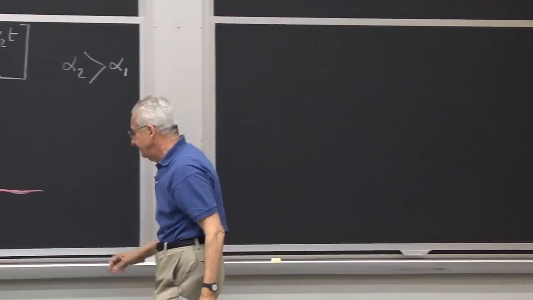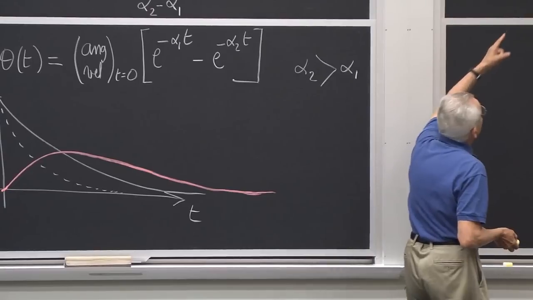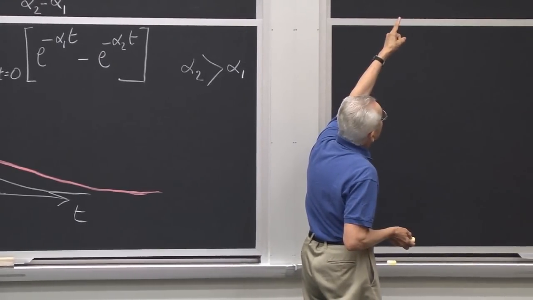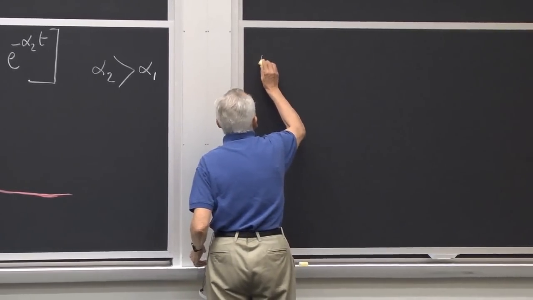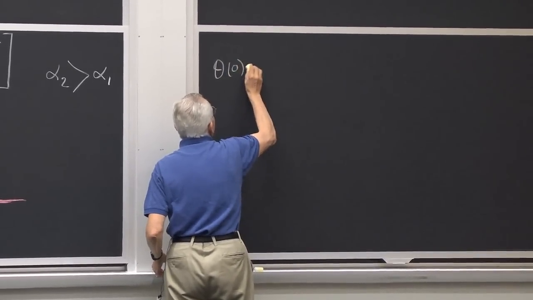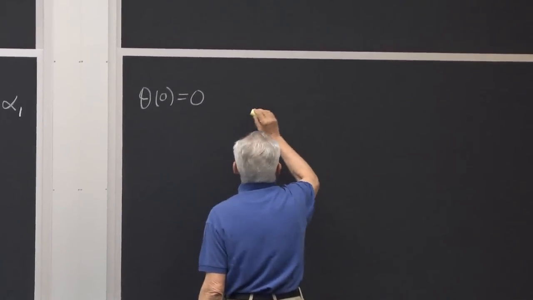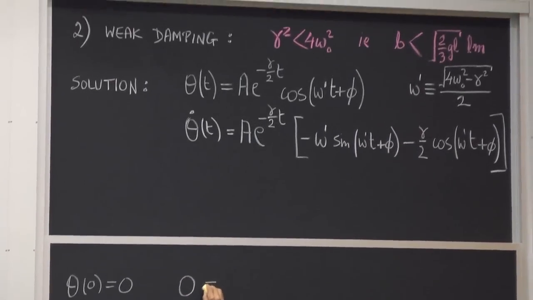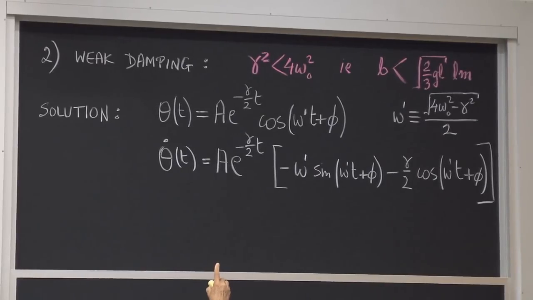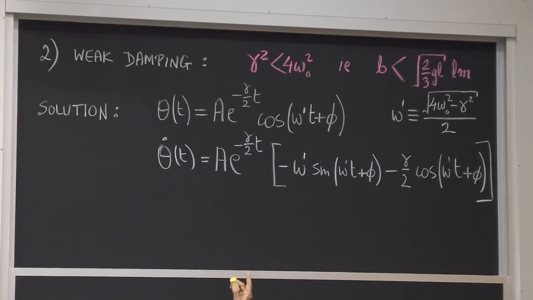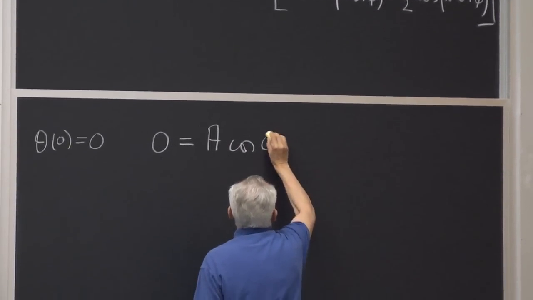How did we do it before? By taking our solution. Well, we know that theta of 0 is 0. Therefore, 0 is equal to A e to the minus gamma over 2 t, where t is 0, so that's 1, times cosine, where t is 0, so I get phi.